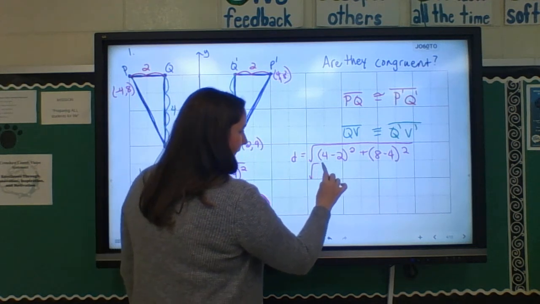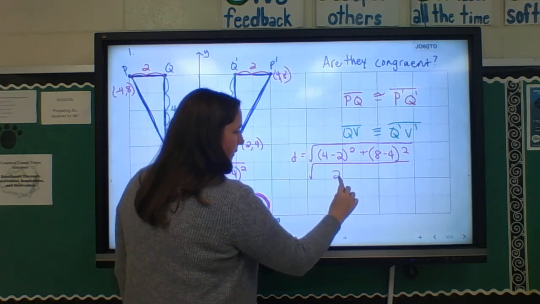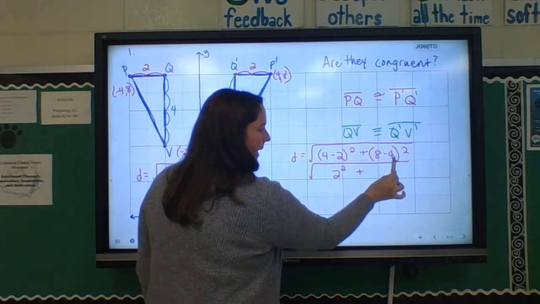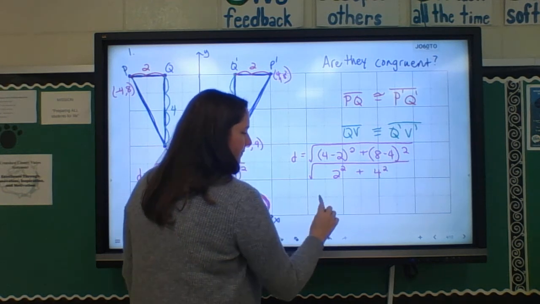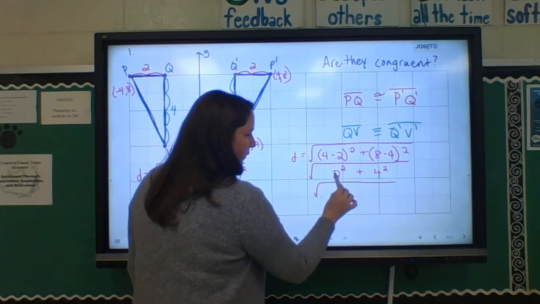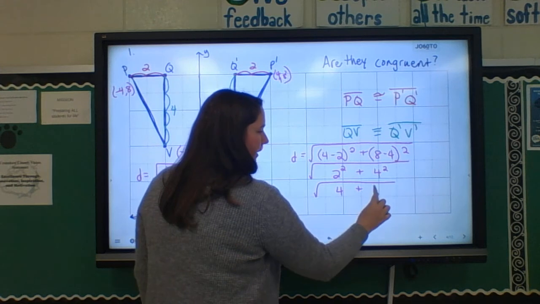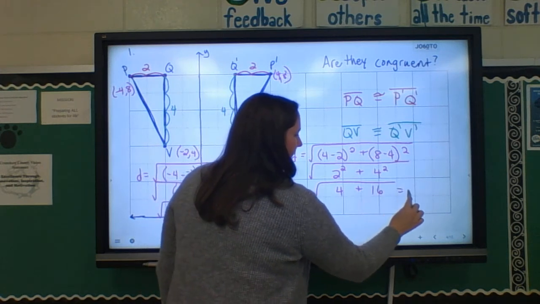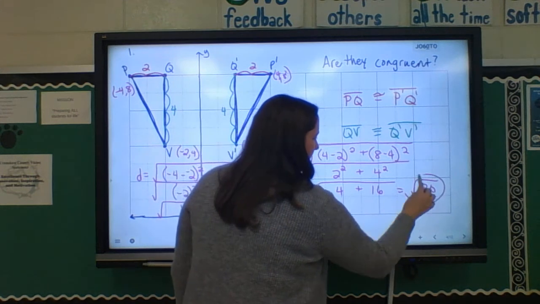So 4 minus 2 is 2 squared, and 8 minus 4 is 4 squared. 2 squared is 4, 4 squared is 16, and when I add them together, 4 plus 16 is 20.